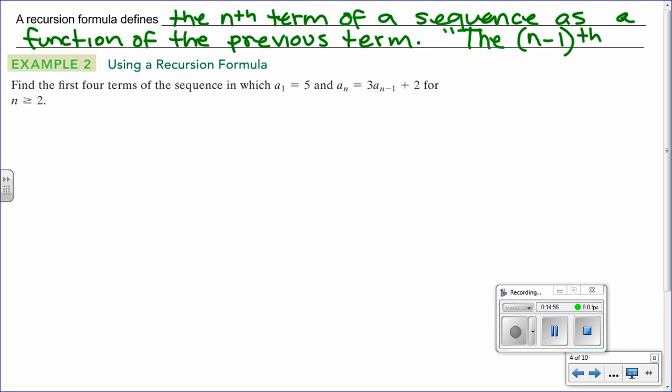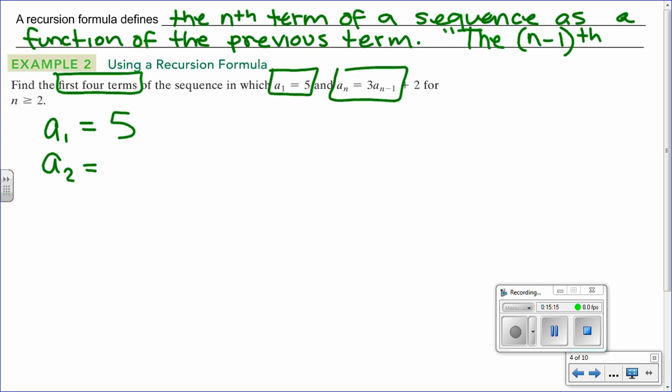So let's find the first 4 terms, and I think that will be all we have time for. That's okay. So we have the first one here. They have to give us something to start with. Fibonacci is, like I said, recursive, but you need the previous 2, not just the previous 1. So to find a sub 2, I'm going to follow this formula.